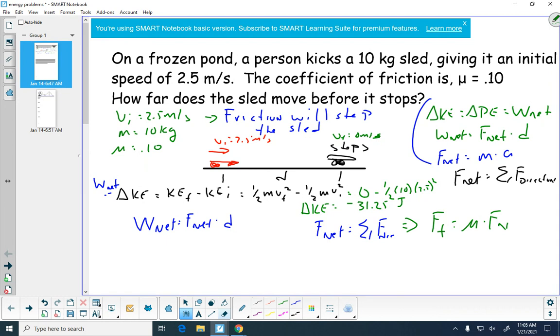Well, I have a 10 kilogram mass with this sled. How do I find its normal force? Calculate your force of friction.